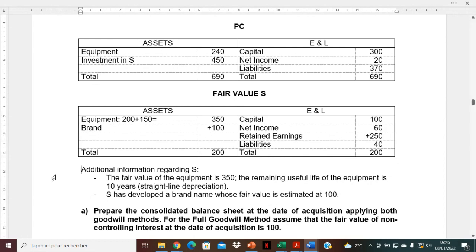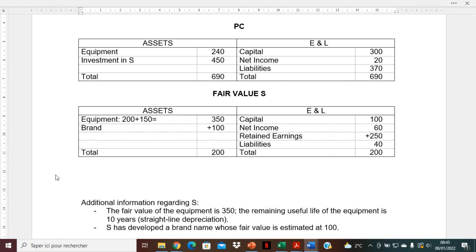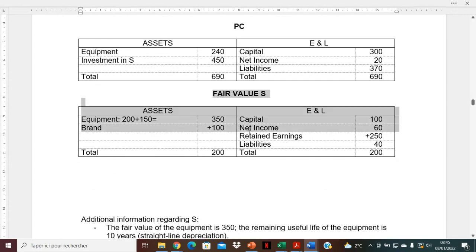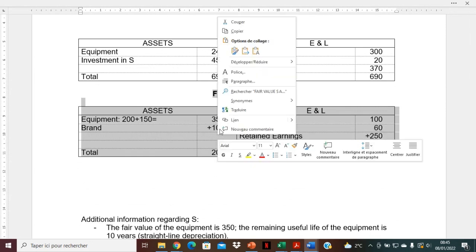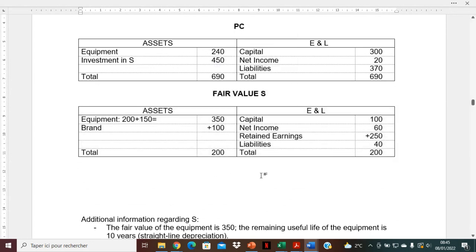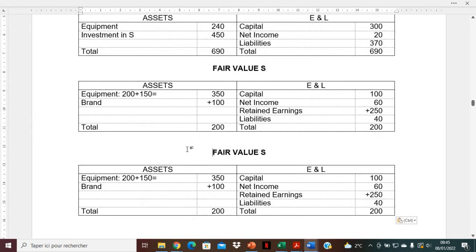Okay, then we take these numbers and we add the parent company. So I will use that, as always, as a benchmark here. Okay, so I set up the combined balance sheet. For the subsidiary, I have an equipment of 350. For the parent company, I have an equipment of 240. So therefore, total equipment 590.